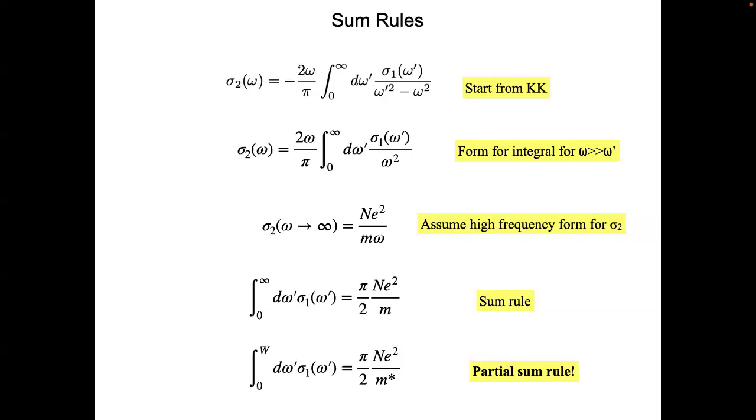Very often what we'll do, since we never measure infinite frequency, of course, in the analysis of optical experiments, is take advantage of what we call partial sum rules. So instead of running the integral out to infinity, we run it to some value. Here I call it W, the bandwidth of something.